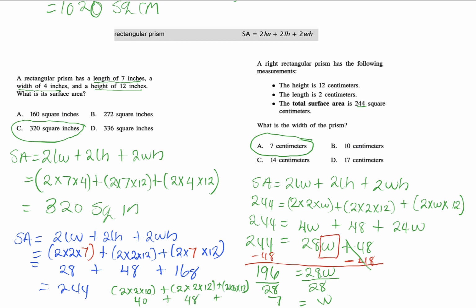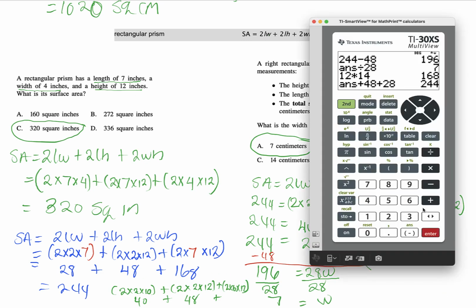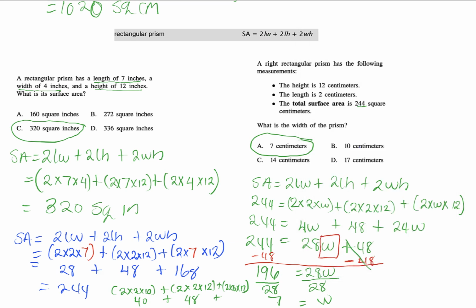But then this is 2 times 10 is 20, and then you have to do 20 times 12. You get 240 right away. You know that if you add 48 to that, you are over 244. So 10 is not your width. So this is not your answer.